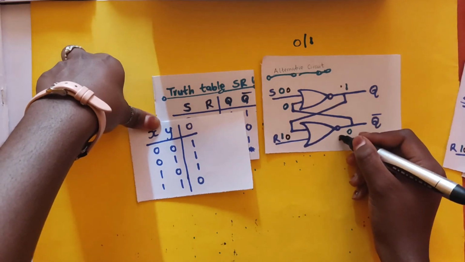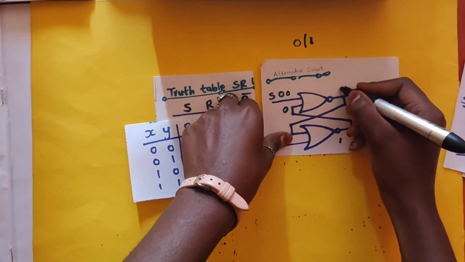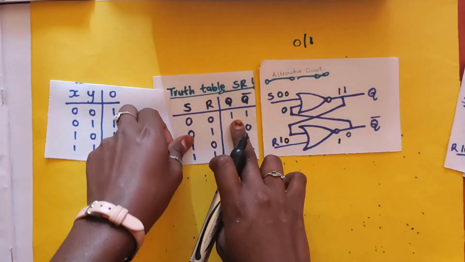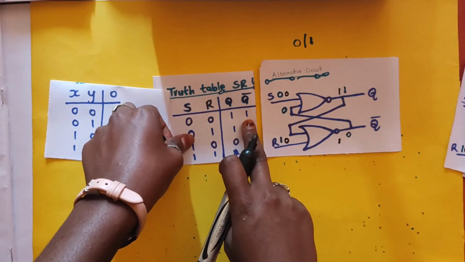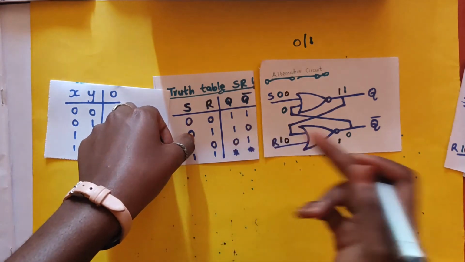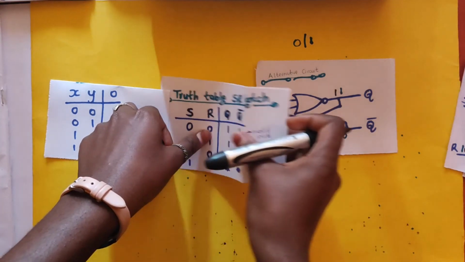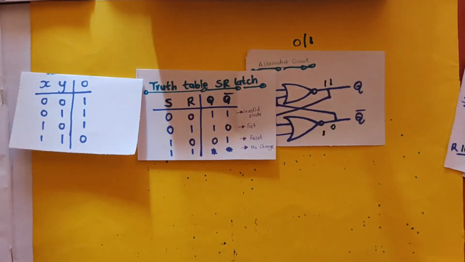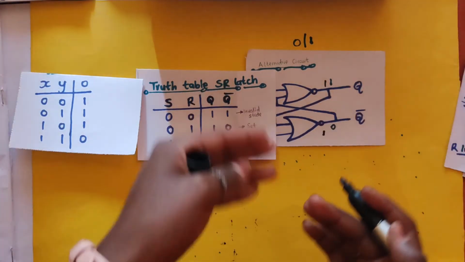Both outputs are high. That's a state, but it's an invalid state, because then we don't know which one. Both are on, and it's supposed to be one is off, one is on.